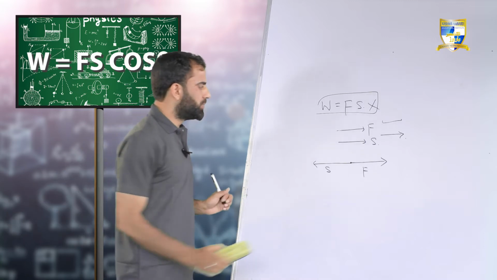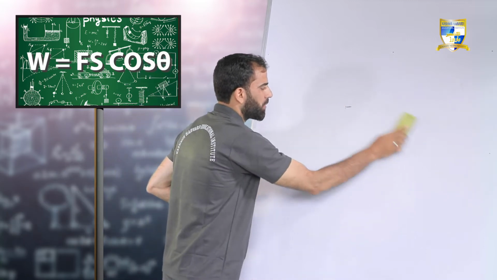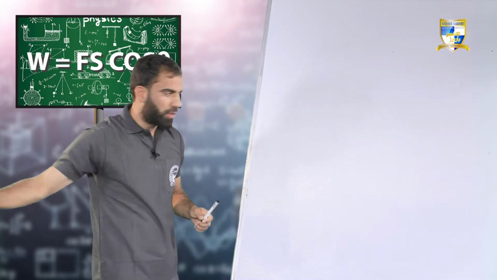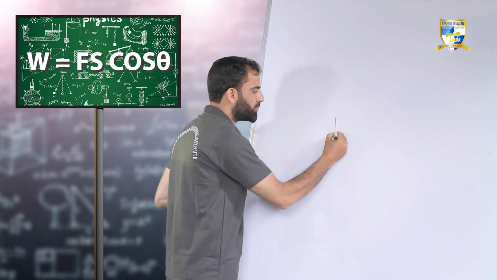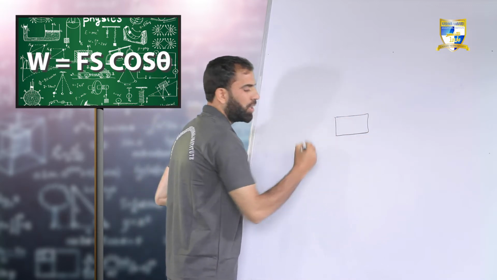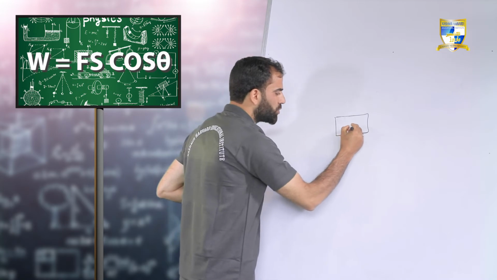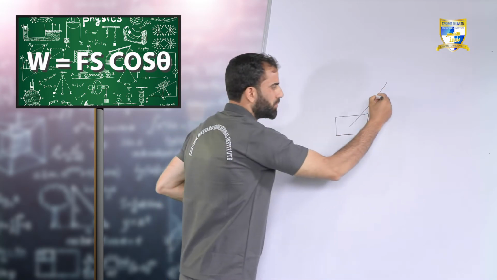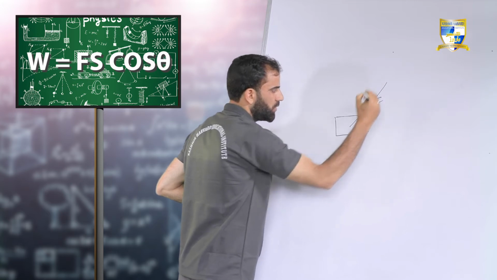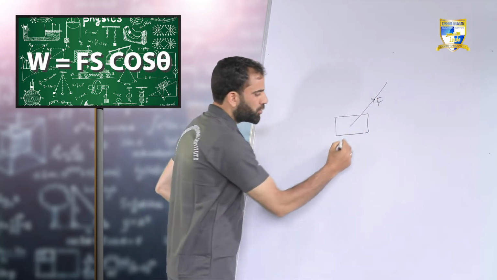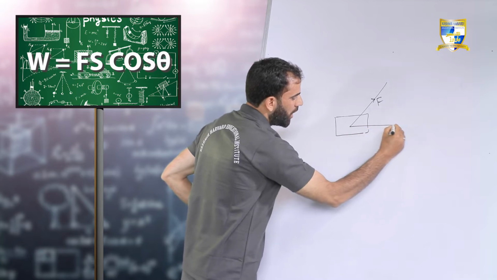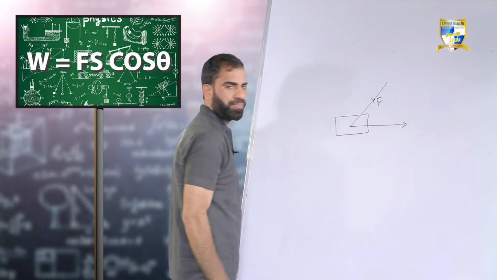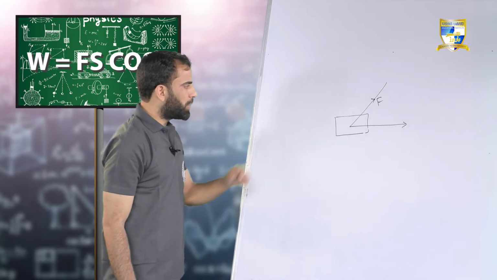For example, if here is a box, and on this box you are applying a force F at some angle, like this, and the box is moving along the horizontal direction.